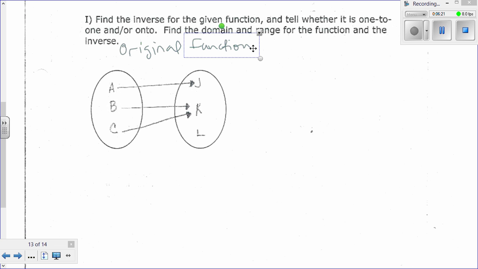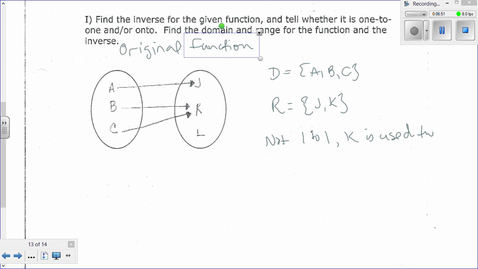My domain for my original function is A, B, and C. My range for this function is J and K. It's not one-to-one, and that's because K is used twice.